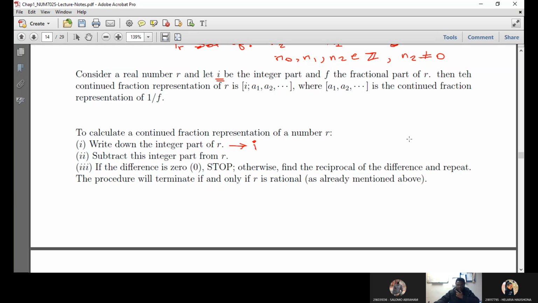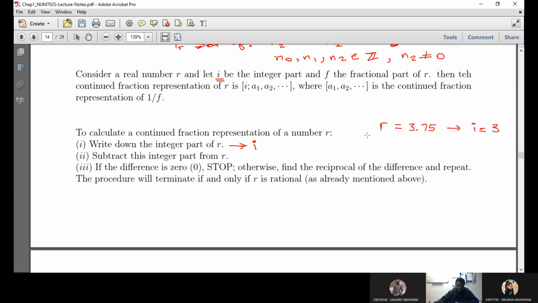For instance, if R is 3.75, the integer part I is equal to 3. You write this 3 down.